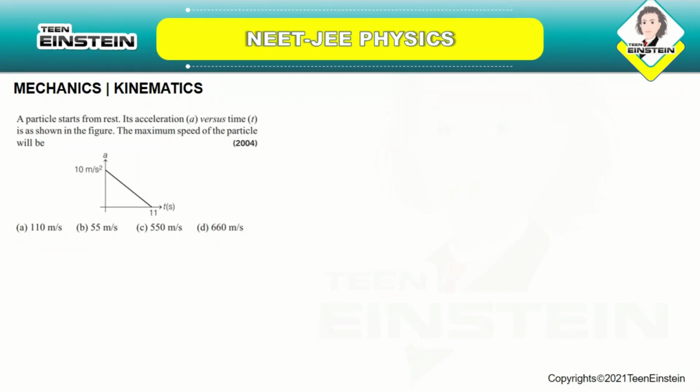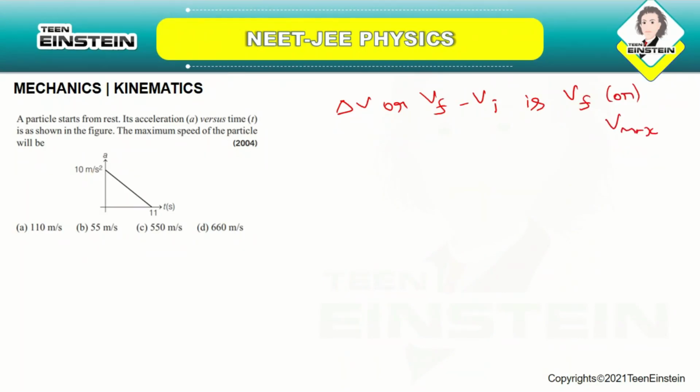So, Vi, the initial velocity, is 0. So, the change in velocity, Vf minus Vi, will be equal to Vf, because Vi is 0.